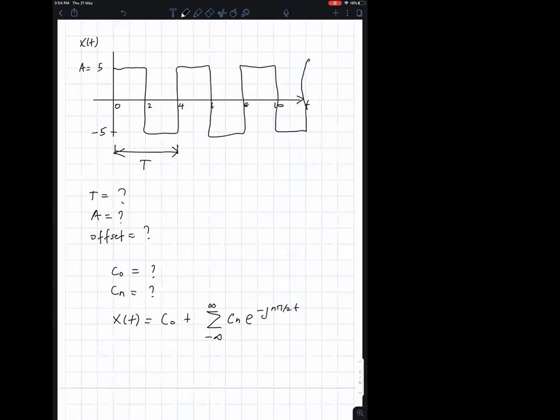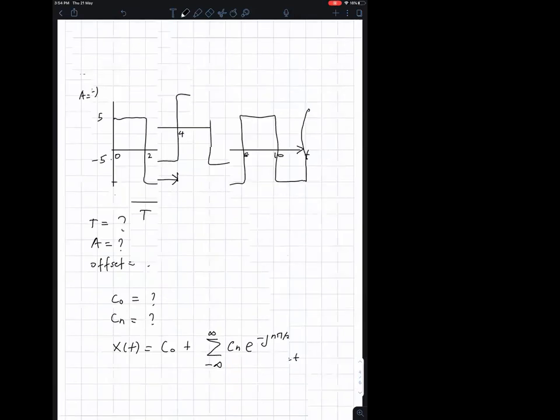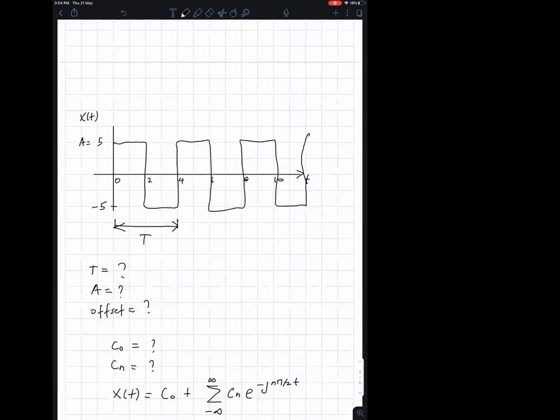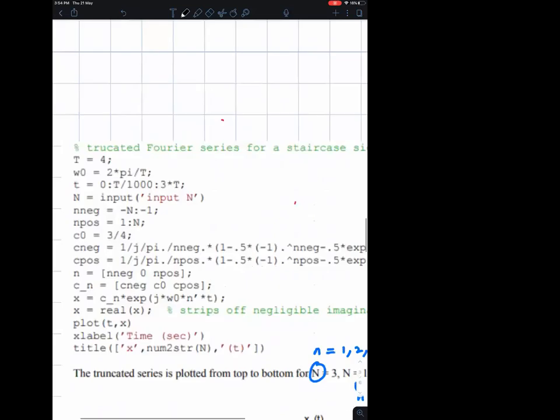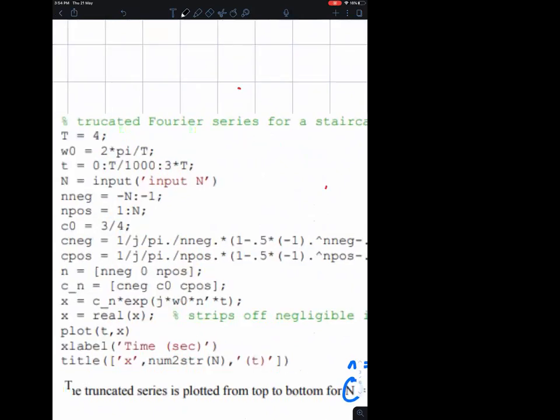What was the formula? I think n runs from negative infinity to positive infinity.